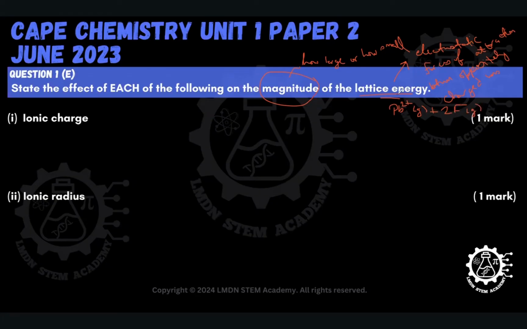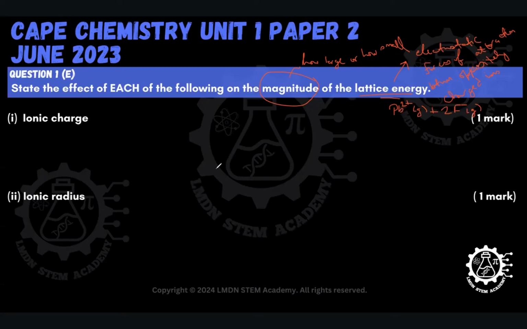So when we think about lattice energy, we have to always remember that the lattice energy comes from electrostatic forces of attraction between oppositely charged ions. And in this case, our oppositely charged ions are the Pb2+ and the 2F-, okay? So this is minus, this is positive. Them being held together, that's what constitutes the lattice energy, okay?